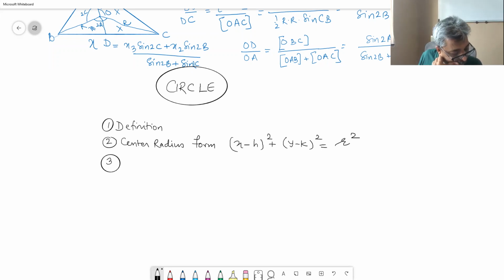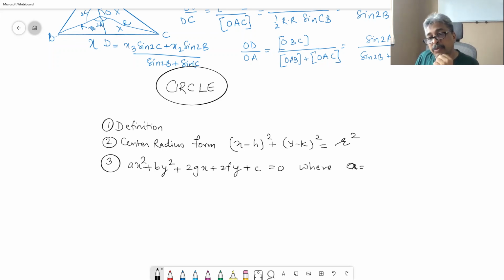3. General degree 2 equation in two variables which represents circle is ax square plus by square plus 2gx plus 2fy plus c is equal to 0, where a is equal to b, and it is not equal to 0, otherwise it will become straight line.